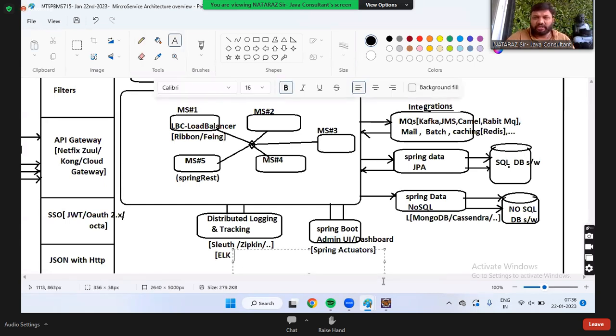Understanding my point? What is the full form of ELK? Super. ELK stack, Sleuth Zipkin. This is one option, the second one is another option. Either ELK stack or Sleuth Zipkin we can use. Elasticsearch, Logstash, Kibana.